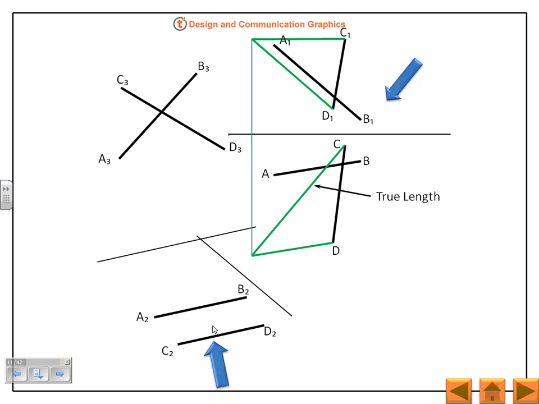And I project all those points up there, and these measurements, the distance from there to A3 is taken from there back to A, and the distance from here to D3 is taken from here back to D. That is the projection of my shortest distance. I project that back up to my plan, and this is the shortest distance transferred to the elevation.